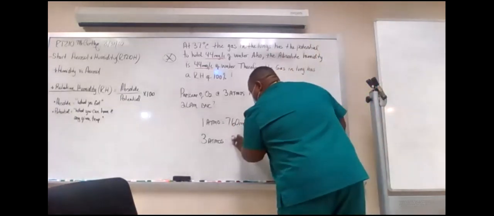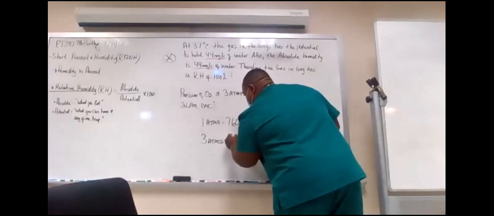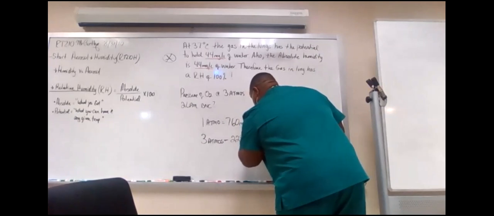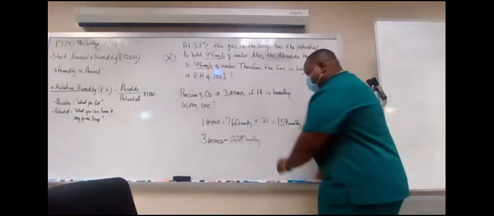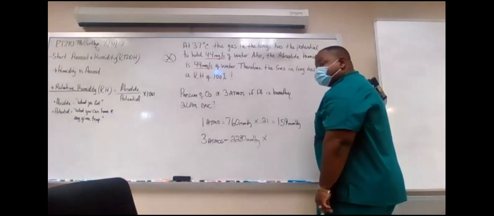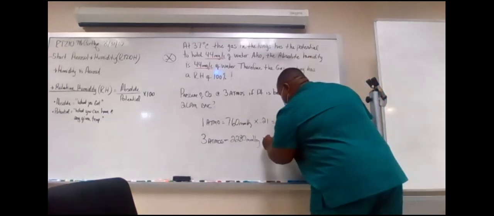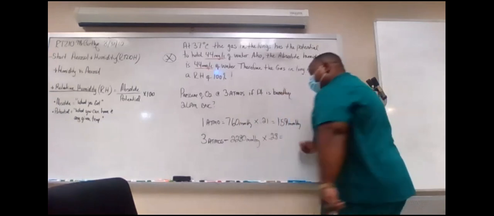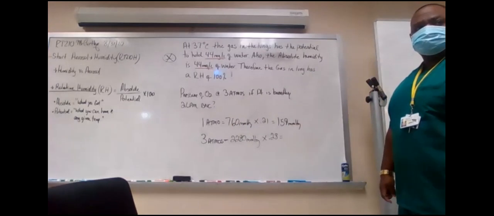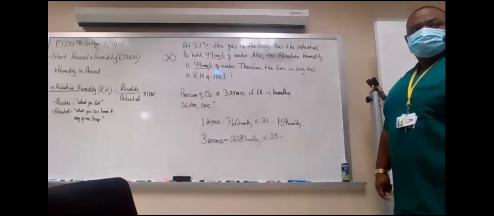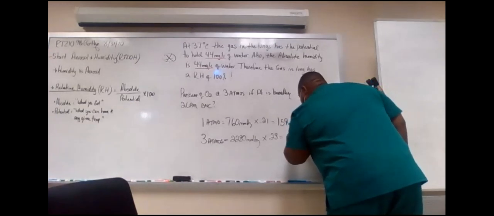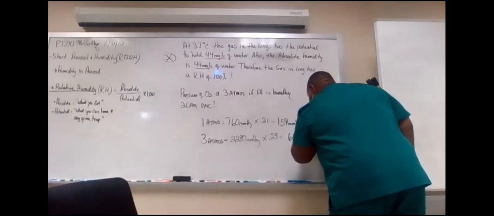All right, so 3 atmospheres is 2280 millimeters of mercury. 2280 times how much oxygen is he on? 21? Not 21, he's on 2 liters. 0.28 gives us how much? 638. So the answer was 638 millimeters of mercury.